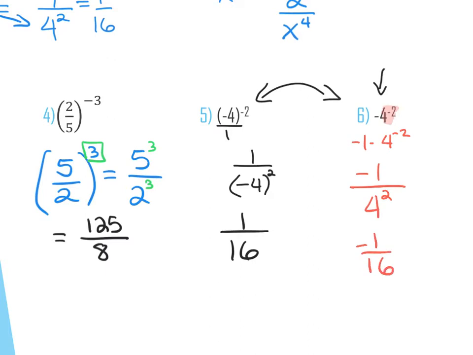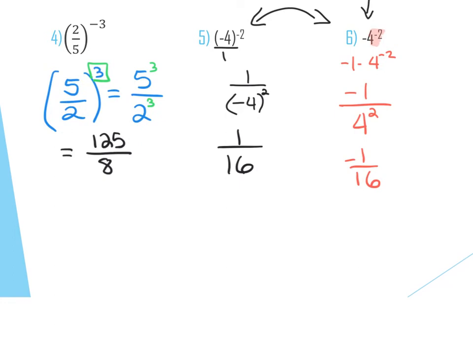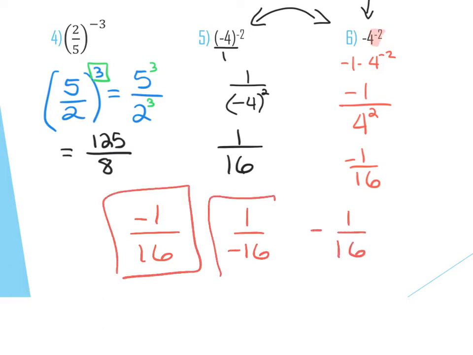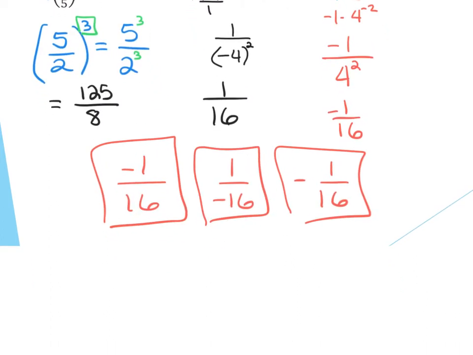Now, one thing I want to clarify is whenever you have a negative in the top, or a negative in the bottom, or a negative in front of the fraction, all 3 of these mean the same thing. Okay? If, however, you had 2 negative signs, a negative divided by a negative would turn positive.